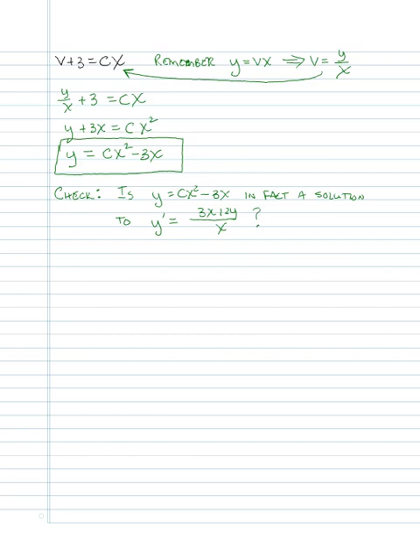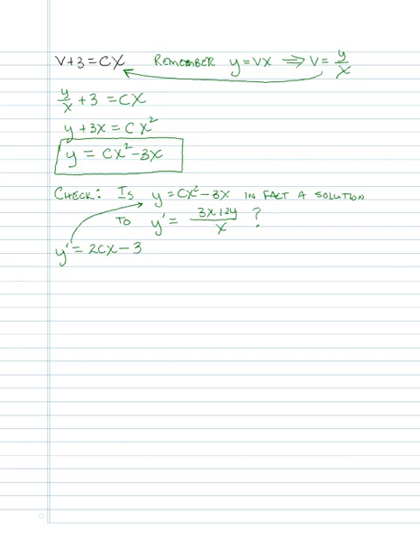That's what we're checking. So we're going to take this result, and we need to come up with a value for y prime. When we take y equals c x squared minus 3x and find y prime from that equation, we would get 2 times c times x to the first power. The derivative of c x squared would be 2cx. Minus the derivative of 3x, which will, of course, just be 3.